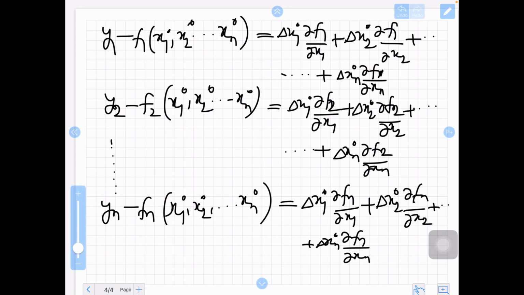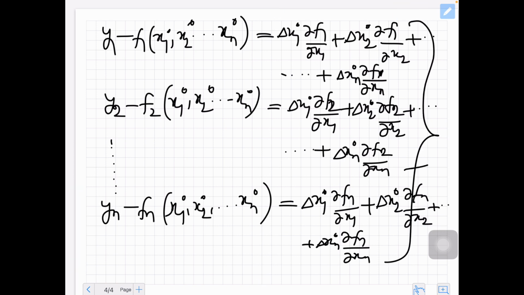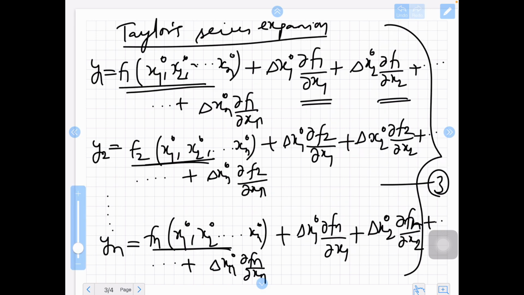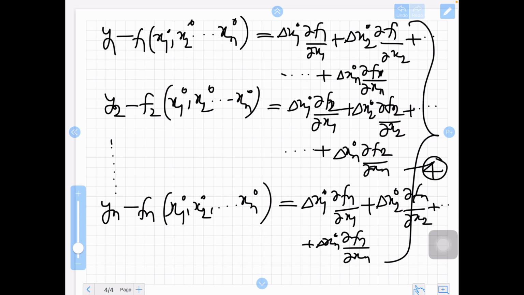So this equation set you can call equation number 4. If you see equation 3, I took the first term of the RHS to the left hand side. This is how we got equation 4.